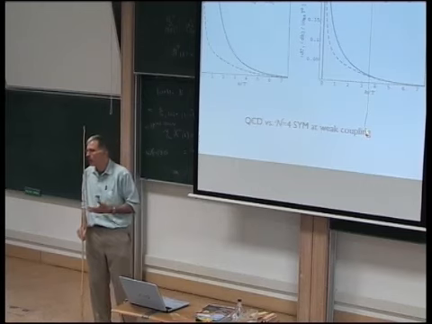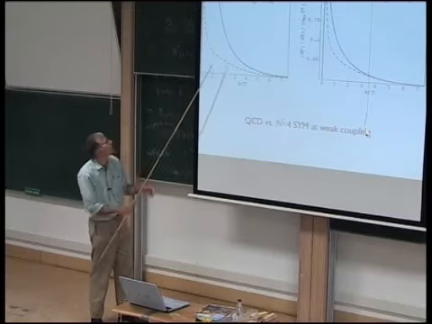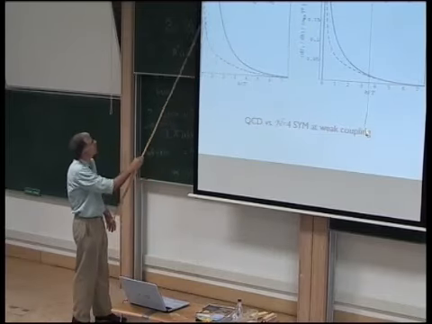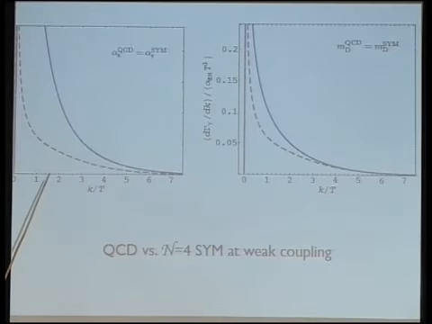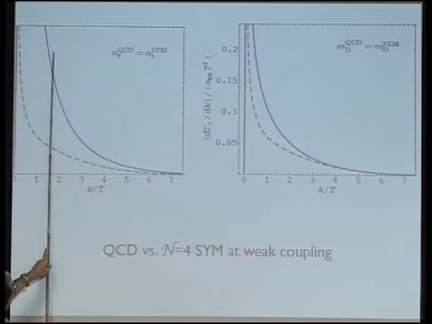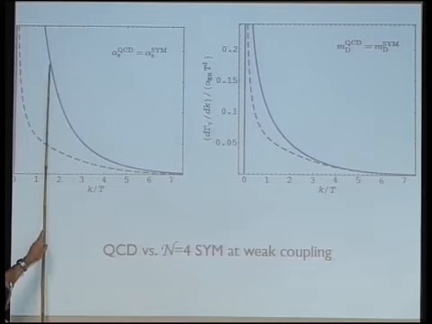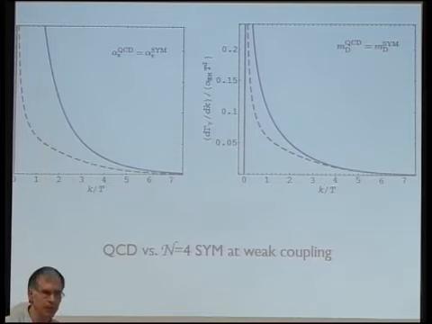There's a lot more things that can radiate in N equals 4, so if you compare at equal values of the gauge coupling, you see the N equals 4 photon spectrum dramatically above the QCD one. So you compare here at photon energies of, say, 1.5 times the temperature, it's a pretty big difference. One of the lessons here is that that's a bad way of comparing these theories.